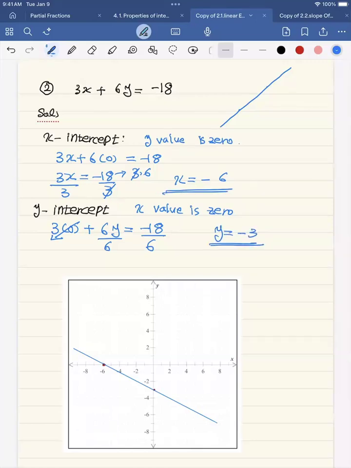So we know the y-intercept and x-intercept, so we can write these coordinates as (minus 6, 0) and (0, minus 3).